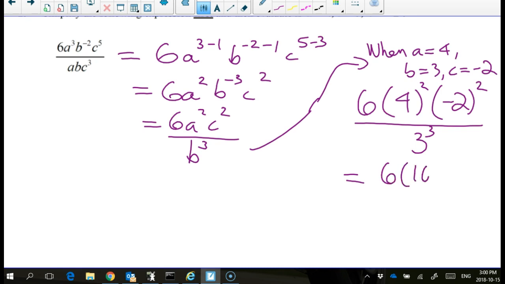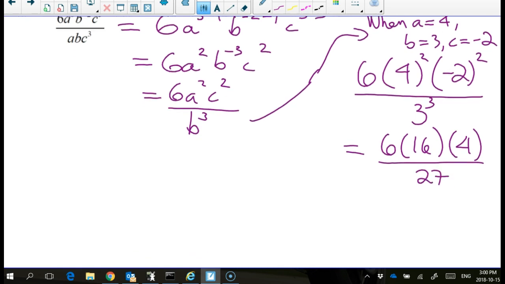So 6 times 16 times 4 over 27. There's a common factor, so that could have been 2 and that could have been 9. So now we've got 8 times 16, which is 128 over 9.